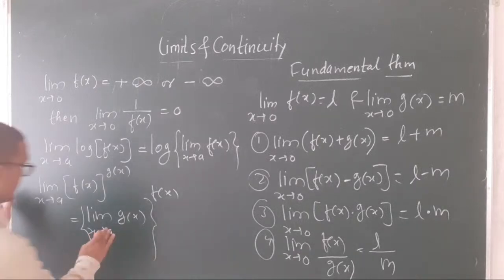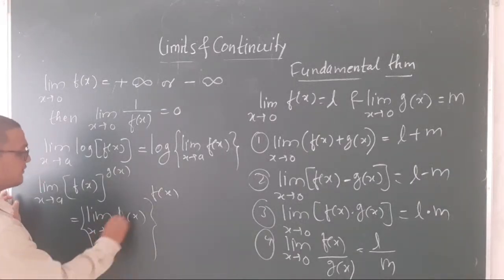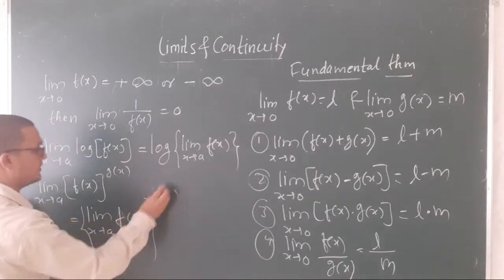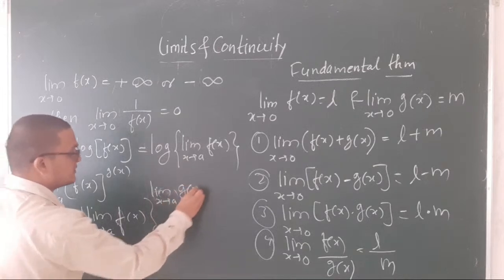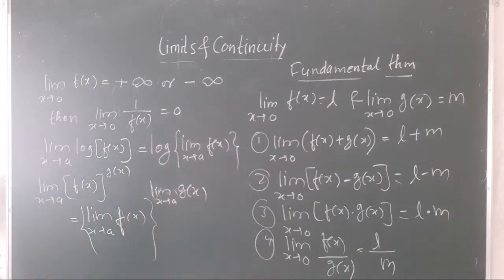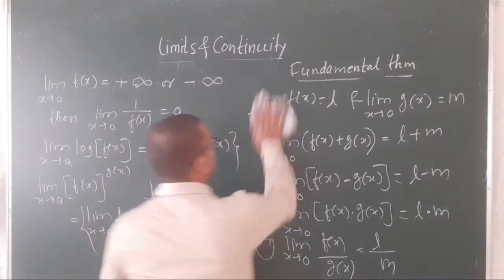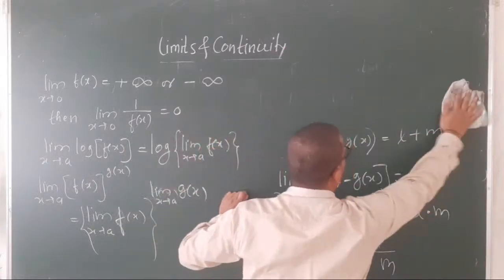Here it is limit x tends to a f of x, to the whole power limit x tends to a g of x. Okay, this is another property. Okay, next, these properties you have to remember.